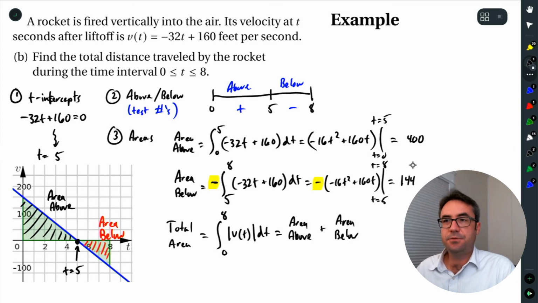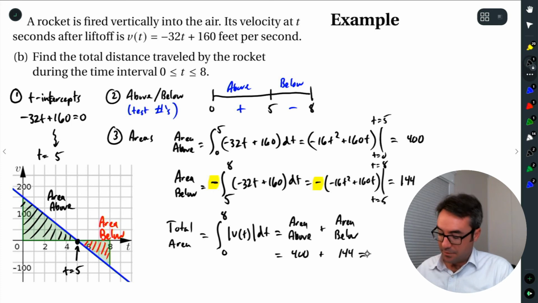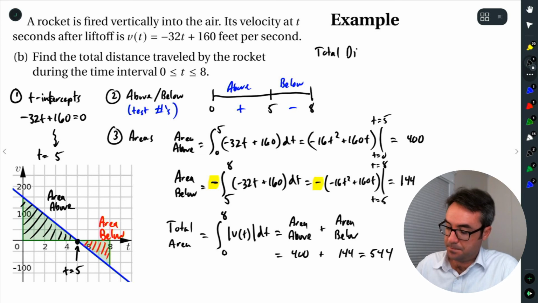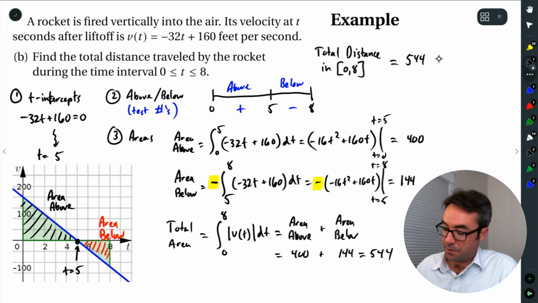So we just take these two values that we got, they're both positive, and we add them together. And what do we get? We get 544. So then the total distance that's traveled in that interval from 0 to 8 is 544 feet.